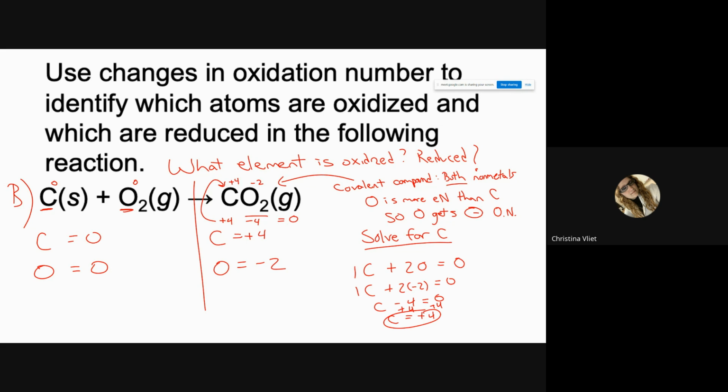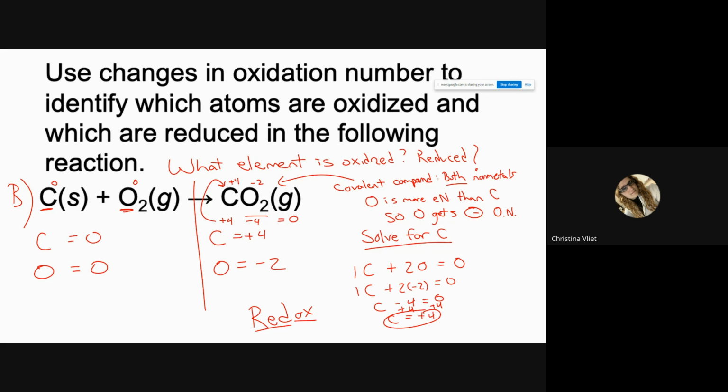What then is the element that's oxidized here? What element is oxidized? Carbon. They can't both be oxidized. Only one can be. It is called redox, and that helps you remember only one can be oxidized and only one can be reduced. One is losing and one is gaining.